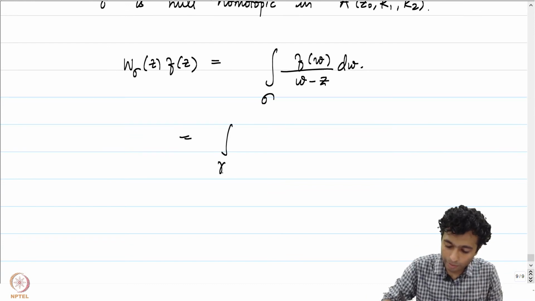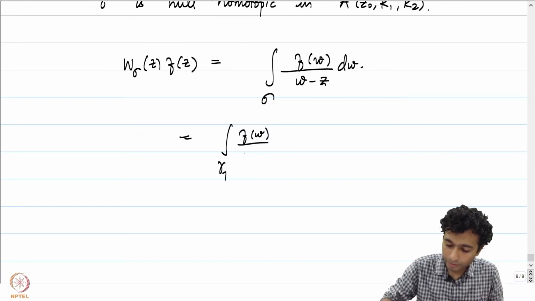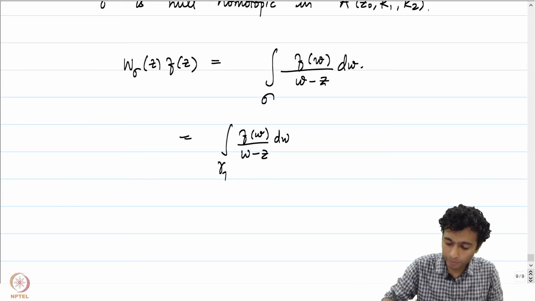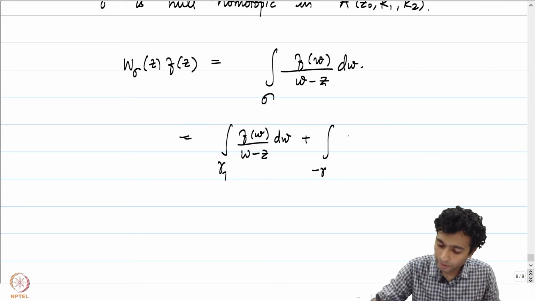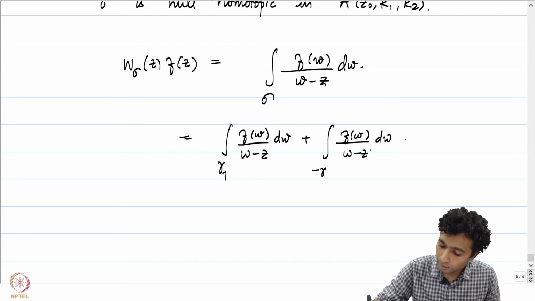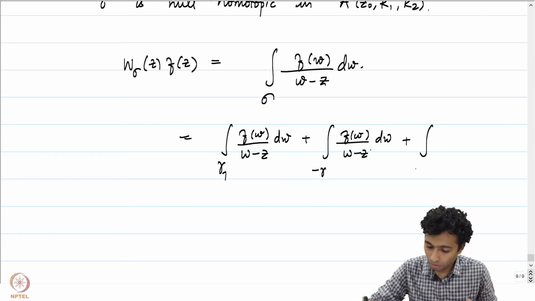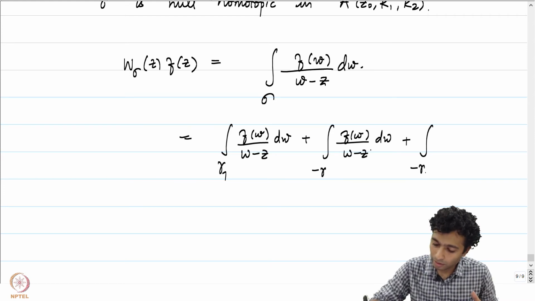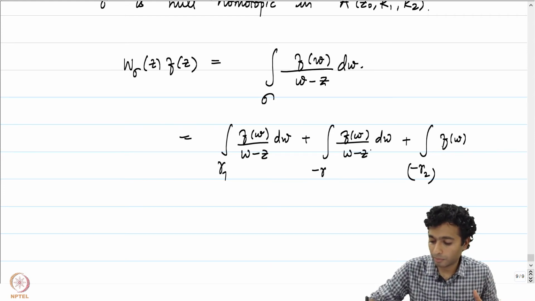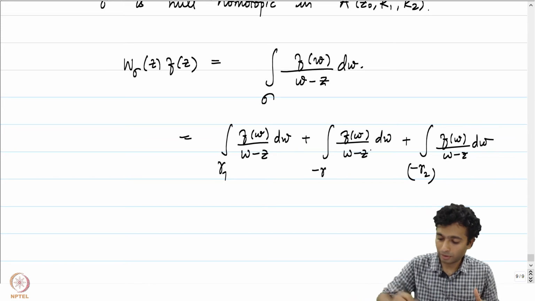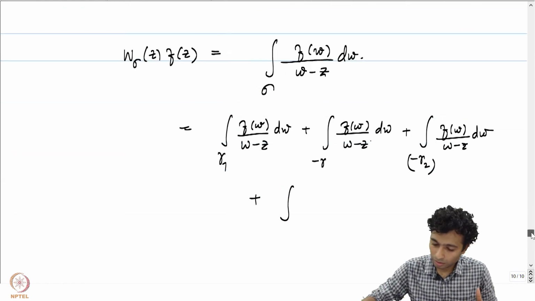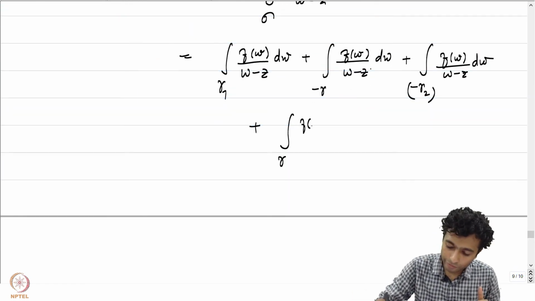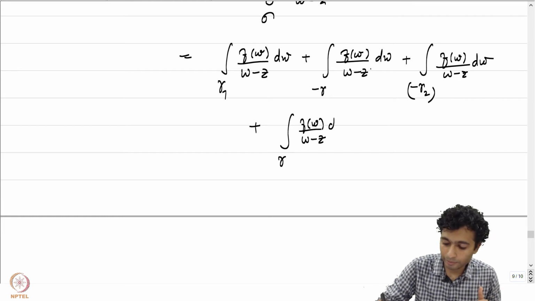The integral over gamma 1 of f of w by w minus z dw, plus the integral over minus gamma of f of w by w minus z dw, plus the integral over minus gamma 2 of f of w by w minus z dw, plus the integral over gamma of f of w by w minus z dw.